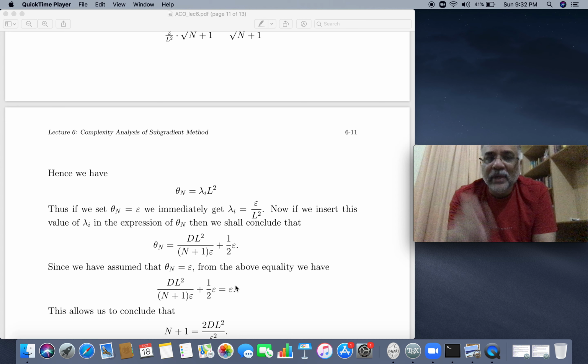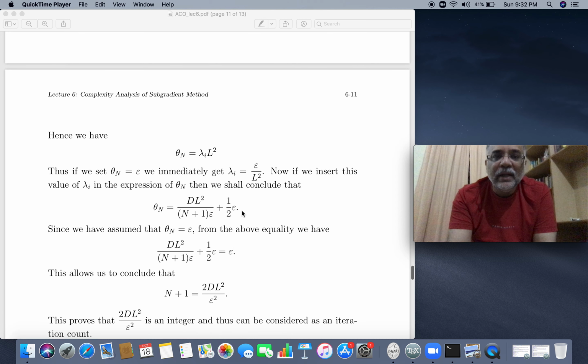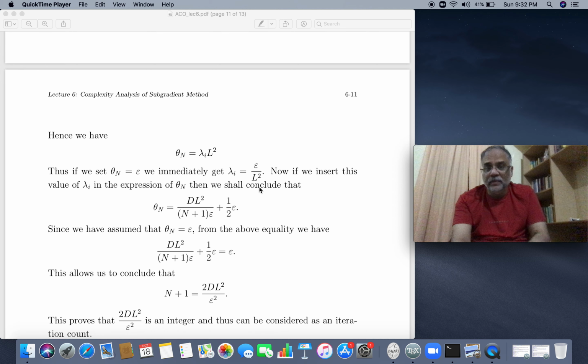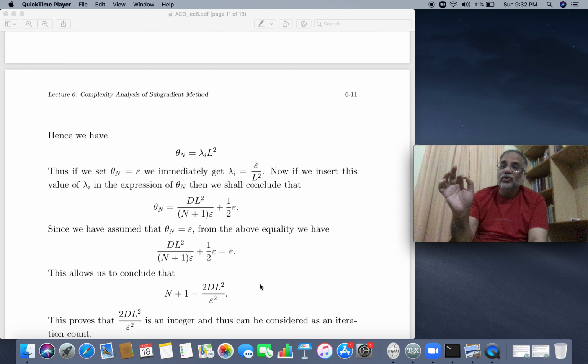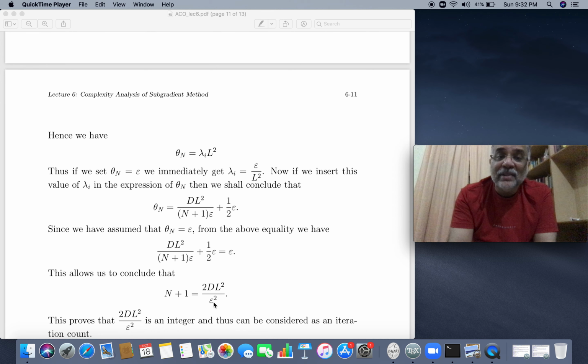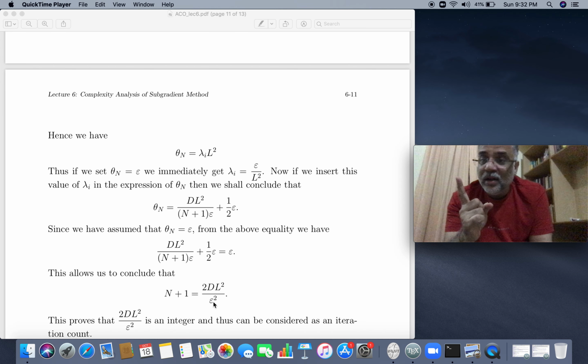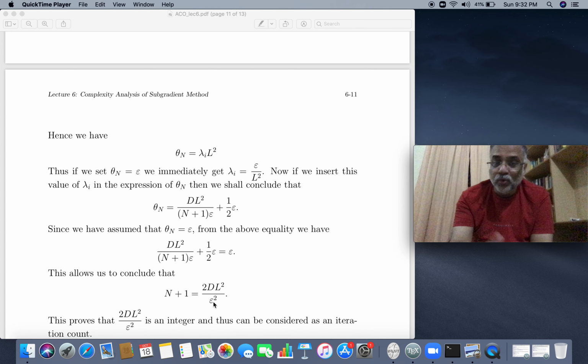Now in this special situation, you put back in theta n the structure lambda equal to epsilon by L square. Once you do it, theta n becomes exactly equal to this, but theta n you have chosen to be epsilon. So once you put this equal to epsilon, we conclude that n plus 1 is this. So when theta n is chosen to be epsilon, 2d into L square divided by epsilon square is an integer, because then n, the number of steps, is nothing but 2d by L square epsilon square minus 1.